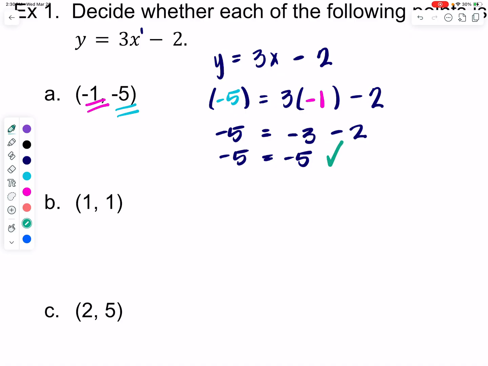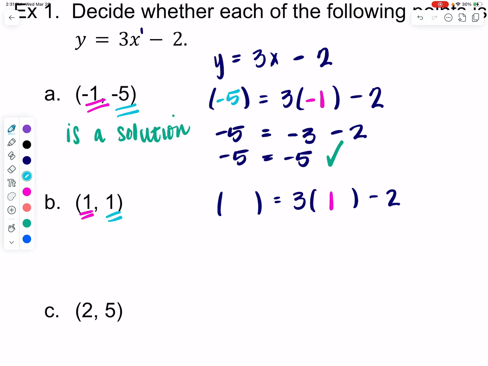This is a true statement. So A is a solution. And I've got the same equation, a new point. So I'm going to use the version of my equation that had a hole for the x and a hole for the y. This time my x is a 1. My y is a 1.